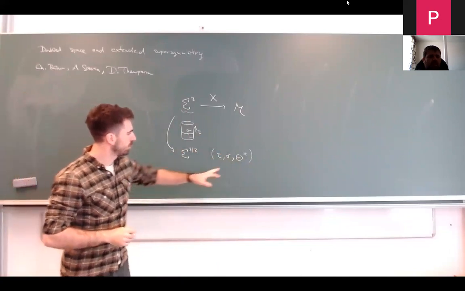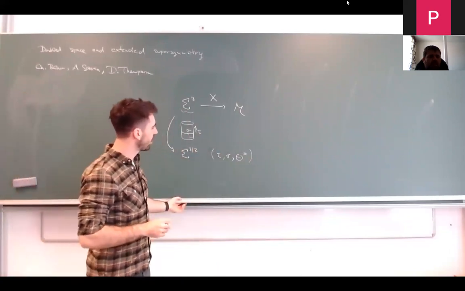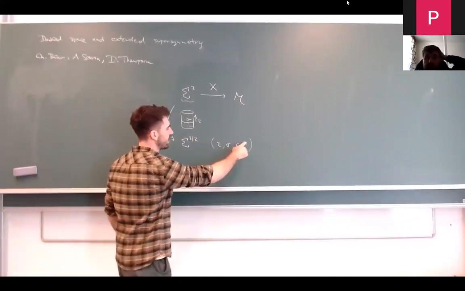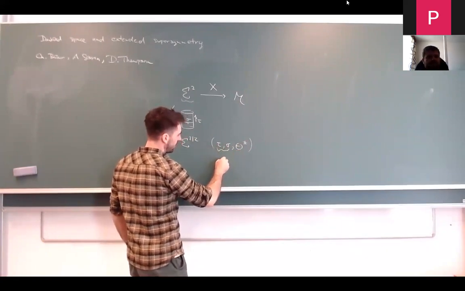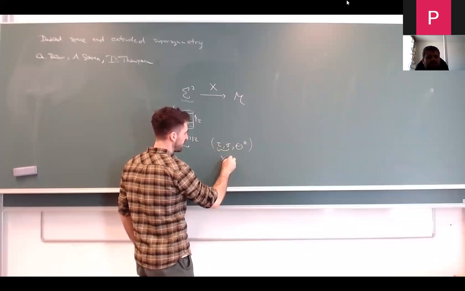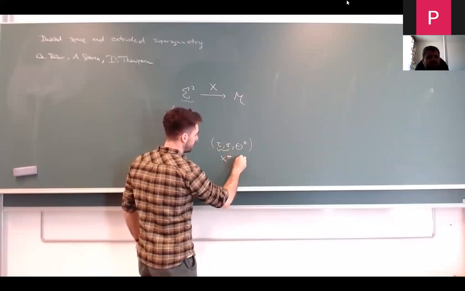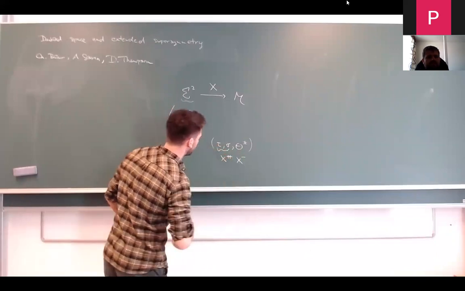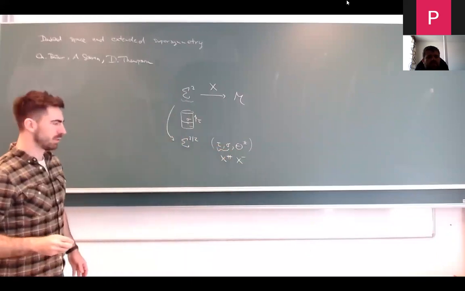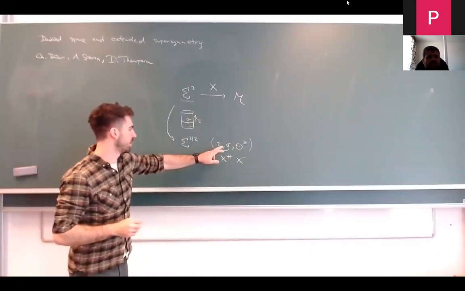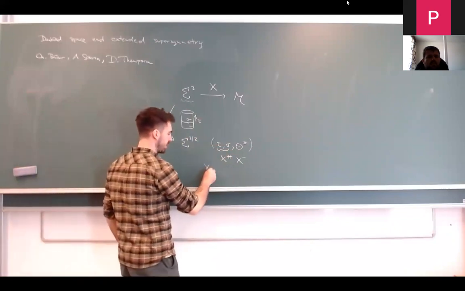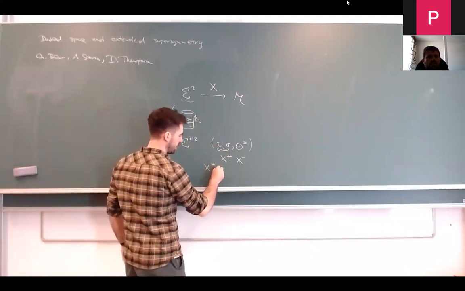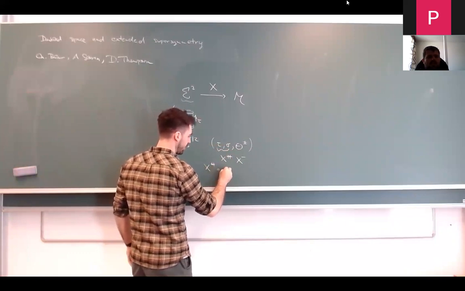So I chose to use these light-cone coordinates plus and minus, and to make it a bit more systematic, I can also do the same for the bosonic guys. So sometimes I will interchangeably use either tau and sigma or x plus and x minus, where by x plus and x minus I mean the light-cone coordinates.